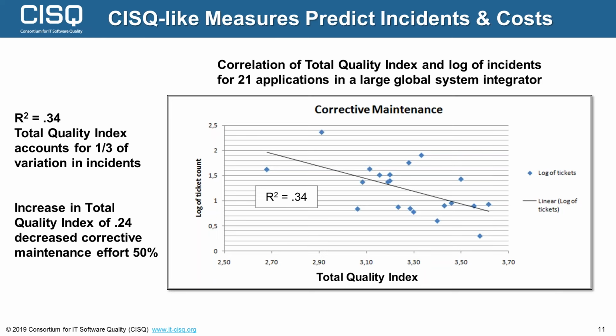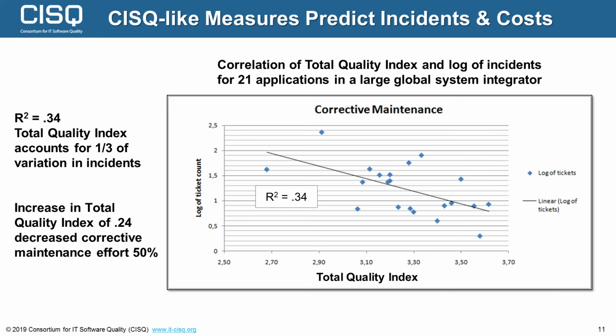Do these measures predict problems? And the answer is yes. We've got a number of studies like this. This was a major system integrator in Europe. They looked at 21 systems that they were managing on behalf of their customers, and they looked at what they called a total quality index, which basically adds these four CISQ measures together, for reliability, security, and so on, to get an overall measure of quality that incorporates all of those measures.